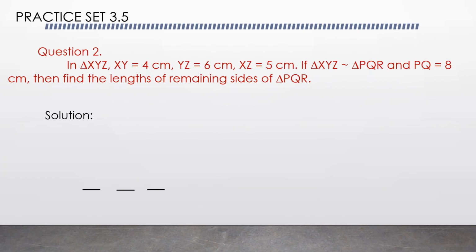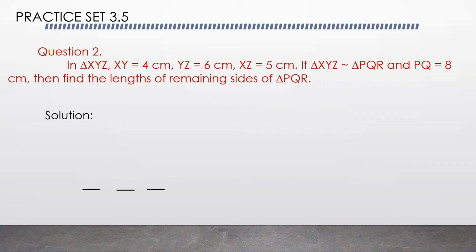Question 2. In triangle XYZ, XY is equal to 4 cm, YZ is equal to 6 cm and XZ is equal to 5 cm. If triangle XYZ is similar to triangle PQR and PQ is equal to 8 cm, then find the length of the remaining sides of triangle PQR.